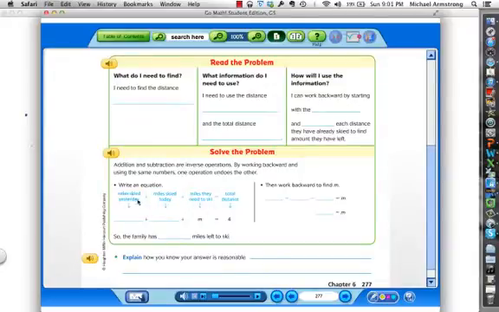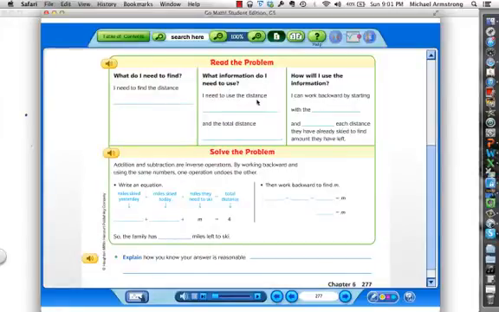We have the miles skied yesterday plus the miles skied today plus the miles they need to ski, and they listed this as M because this is something we don't know. That's what they're trying to find out here. And this equals the total distance, 4. Now these two plus this one are all things we know, and the one that we don't know is the M. So what information do I need to use?